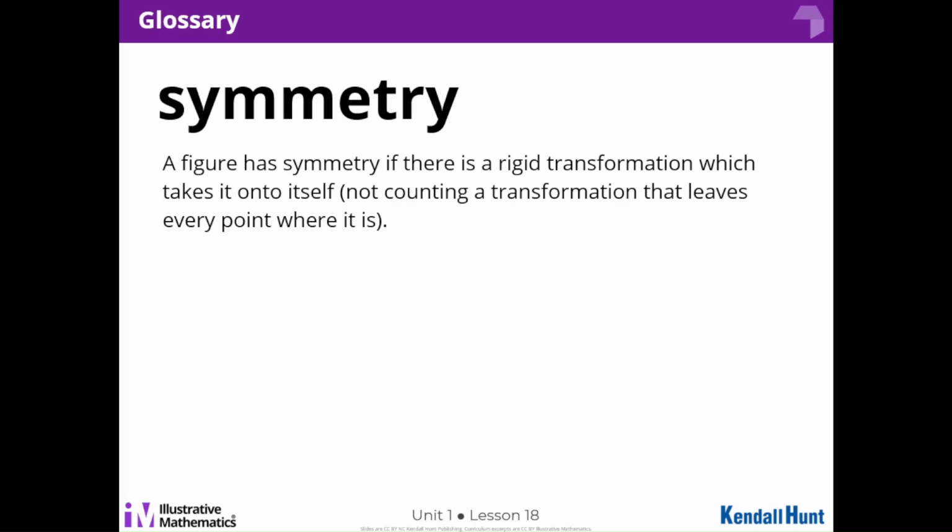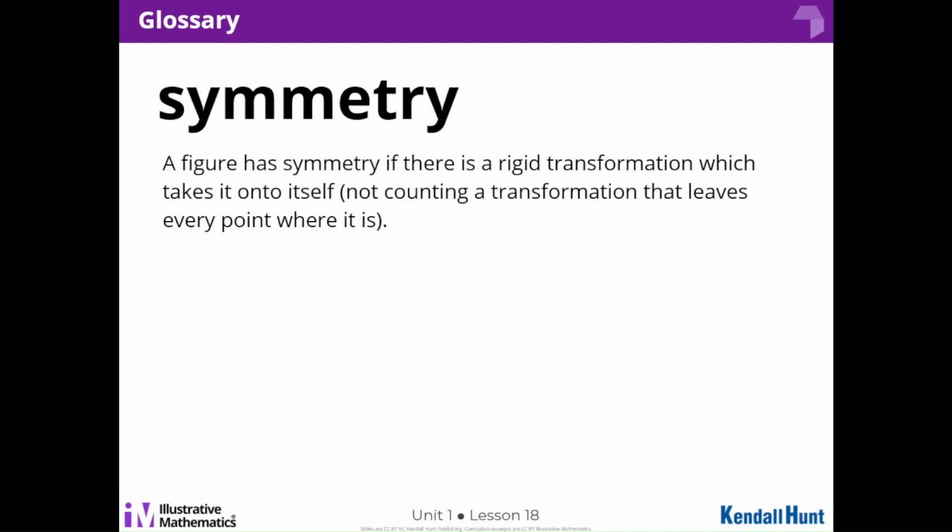Symmetry. A figure has symmetry if there is a rigid transformation which takes it onto itself, not counting leaving every point where it is. So something other than rotating 360 degrees, or translating right 3 units and then translating left 3 units and just putting it right back where it was.